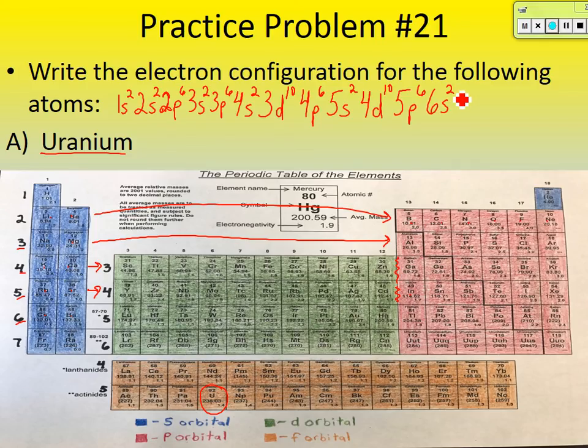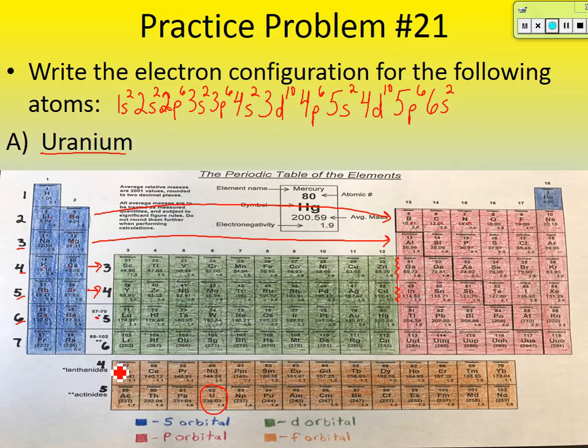Now, this is where it gets a little different. Do you see this asterisk right here? It's telling you to drop down, because barium, this element here, is element 56. It's saying that 57 through 70 is down below. So if you look here, at 57, you have to drop down.